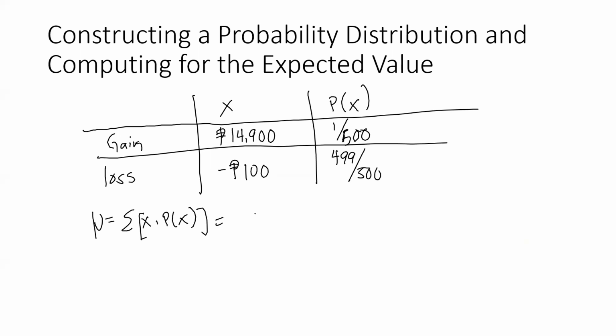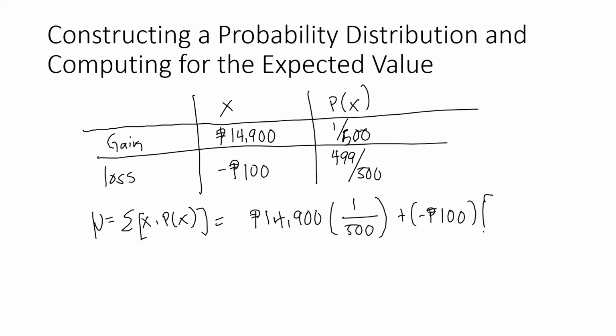So what we are going to do here is we're going to multiply. Okay, so what we are going to do is multiply the price with the numerator. So yung price kasi, that is the whole number. So 14,900 times 1 will become 14,900 over 500.